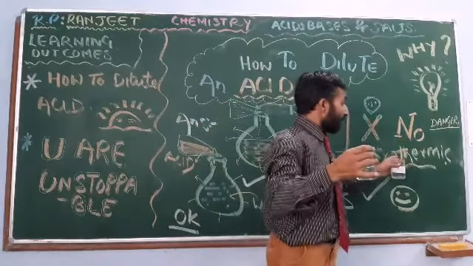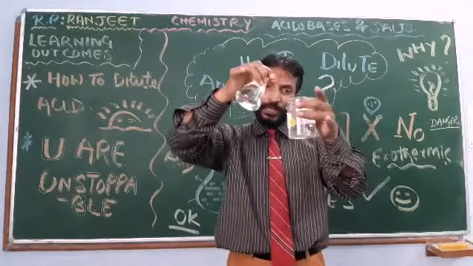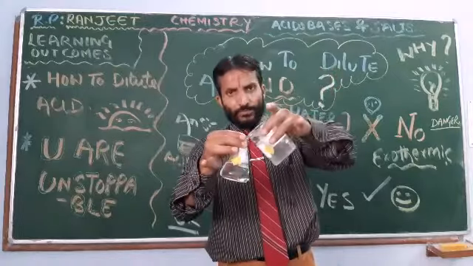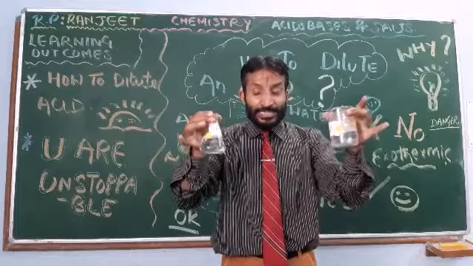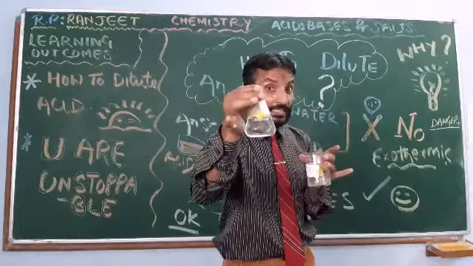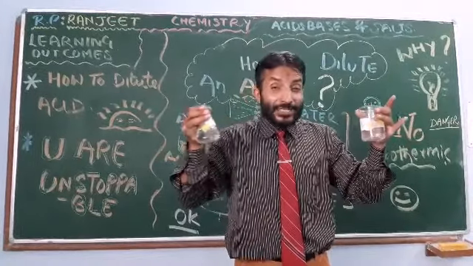It will increase the temperature of the container. If the reaction is exothermic, whether I add water to acid or acid to water, both ways, because acid and water are combining. An acid is just like a base, and the reaction is just like neutralization, and the reaction is exothermic.